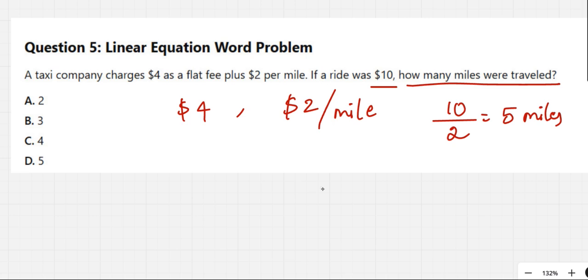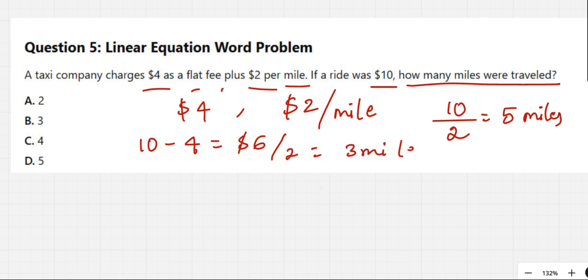Okay, fine. They have informed you carefully. We need to observe this thing. If it's $2 per mile, then $4 is a flat fee. Therefore, $10 includes a $4 flat fee. If you take it out, you are left with $6. Practically, this represents the number of miles they traveled. So 6 divided by 2, which is 3 miles.